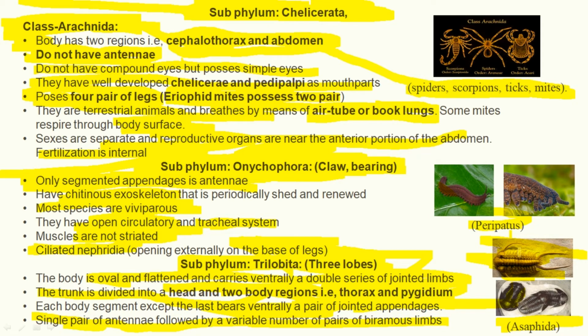These biramous ventral limbs will be there. So what to remember? Example is Asaphida. Trilobita means 3 lobes. The trunk is divided into head, thorax and pygidium, and they have a single pair of antenna. But in the case of Arachnida, they lack antenna.